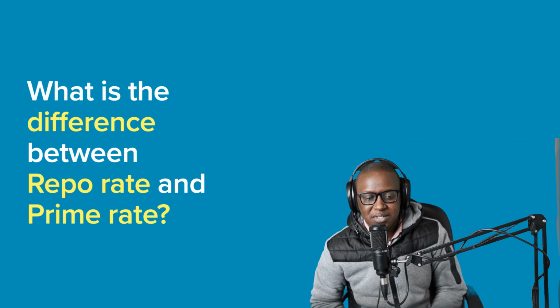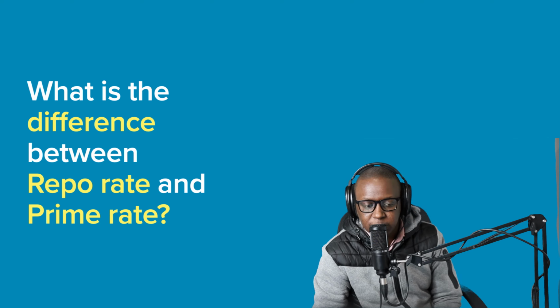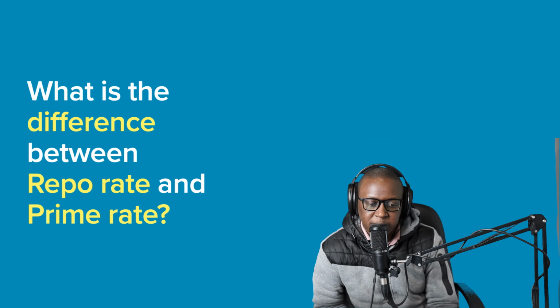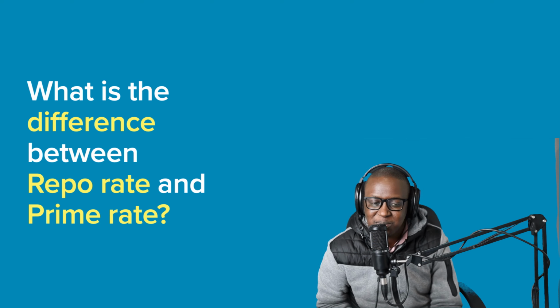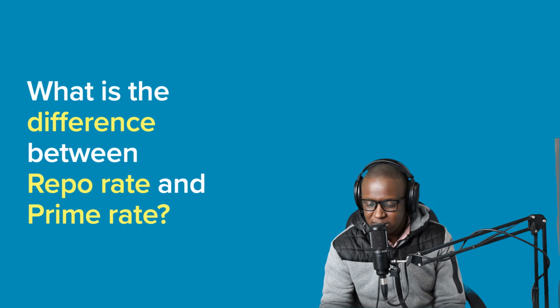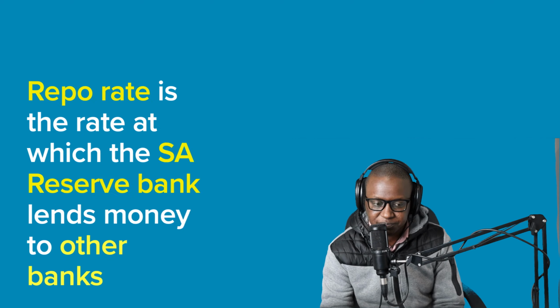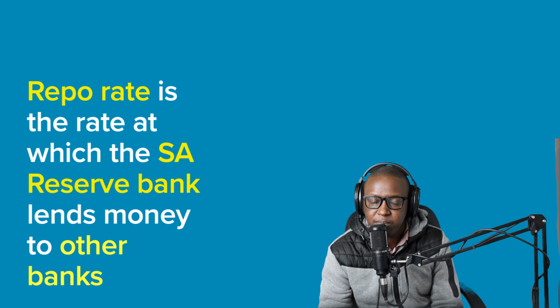I'm sure you've heard a lot about the repo rate and the prime rate, and you were asking yourself what is the difference between the repo rate and the prime rate. All right, so let's just get into it. The repo rate is the rate at which the South African Reserve Bank lends money to other banks.